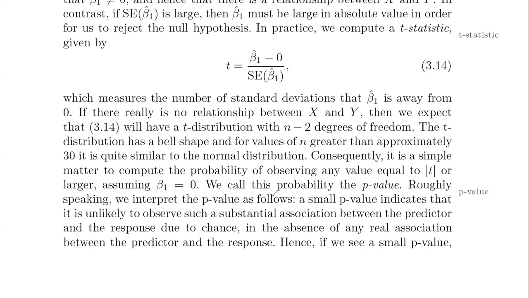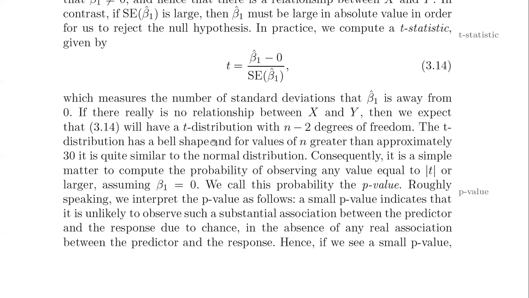But if you divide by the standard error, now you're getting an idea. How does it compare to the standard error of beta one? Which measures the number of standard deviations that beta one is away from zero. If there really is no relationship between x and y, then we expect that 3.14 will have, now this is going into statistics, which we haven't introduced yet, we'll just read it, a t distribution with n-2 degrees of freedom.